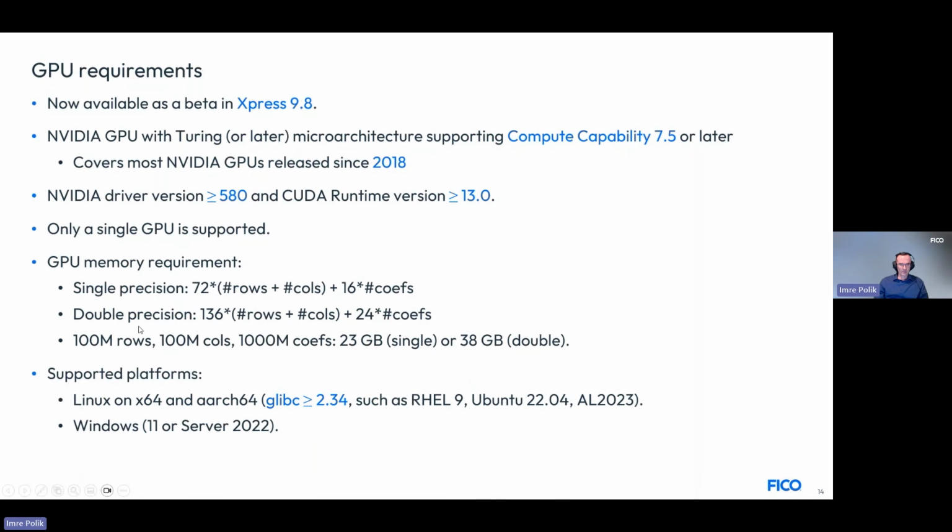So for example, if you have 100 million rows, 100 million columns, and about a billion coefficients, so that means you have about 10 non-zeros per column, that will require 23 gigabytes of GPU RAM in single precision, about 38 gigabytes in double precision, which are well within the realm of high-end enterprise-grade cards. Definitely not on the gaming setups.